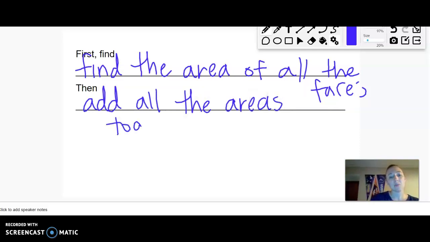So it can be a lot of steps and it can be easy to get lost, so make sure we don't miss any of the shapes. But if you can find the area of a rectangle, you just have to find the area of 6 rectangles and add them all together. Okay, because in this we'll just be doing rectangular prisms. So just 6 rectangles.